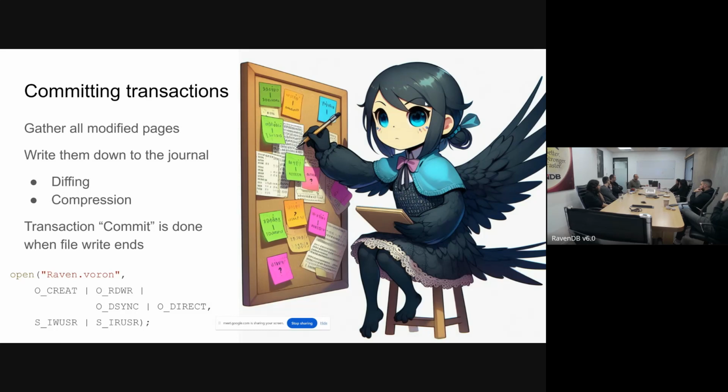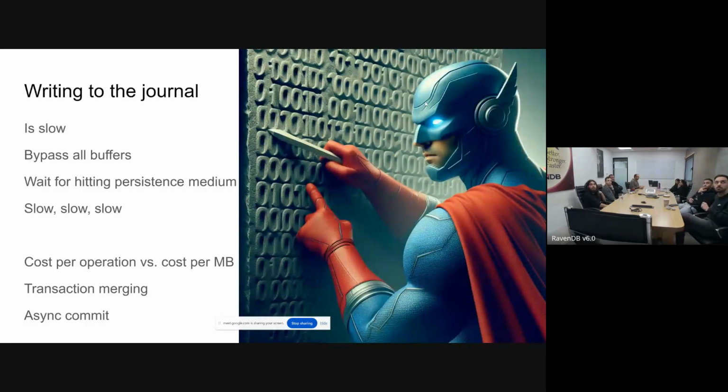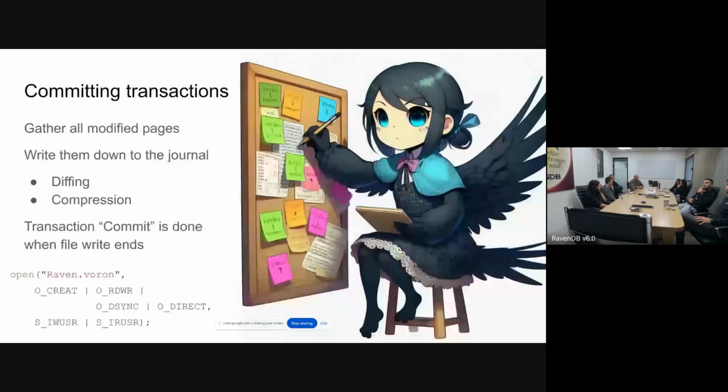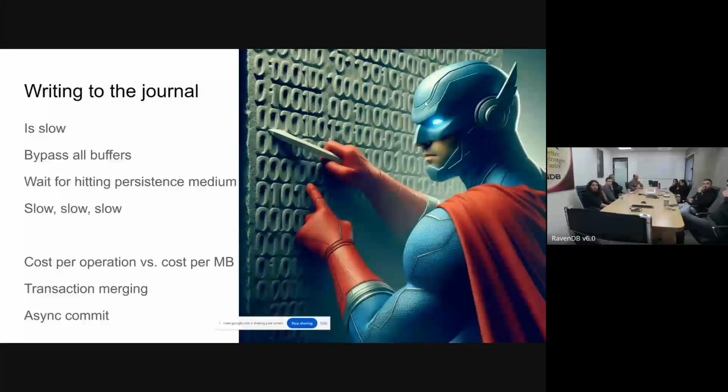So what's going on? I have, in addition to this data file, another file called the journal. And the journal is really cute. We open that using these flags, and the most important here are O_DSYNC and O_DIRECT. What does it mean? Those two flags tell the operating system, I'm going to make direct IO calls to this file, bypass all of the caches.